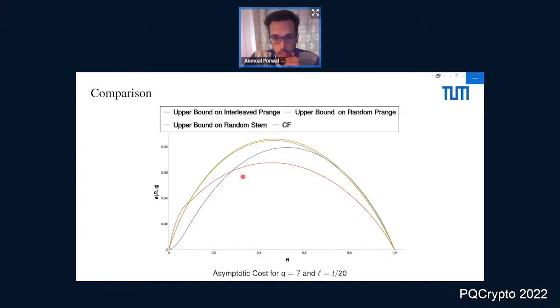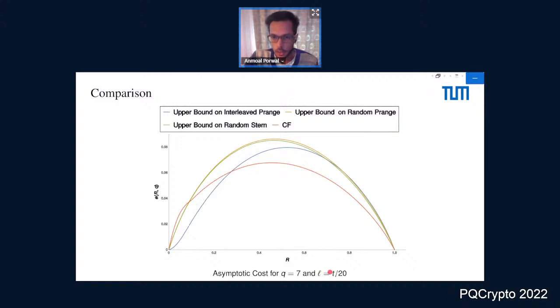Now here I wanted to only look at the CF-based plot, which is the red curve, and the interleaved plot, which is the blue curve, because they are really the main competitors here. So on this plot, you will see that generally the CF-based Prange algorithm is better, unless you're looking at very low rates.